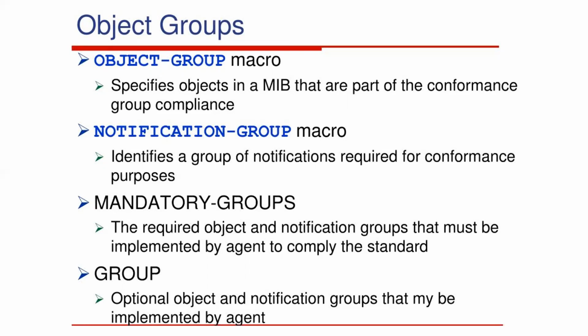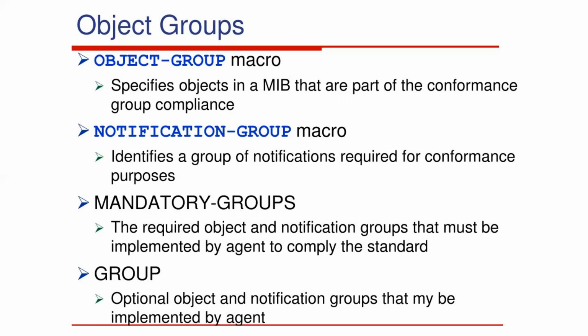Every object that is defined in the informational module with a max access class other than not-accessible is present in at least one object group. It specifies objects in a MIB that are part of the conformance group.